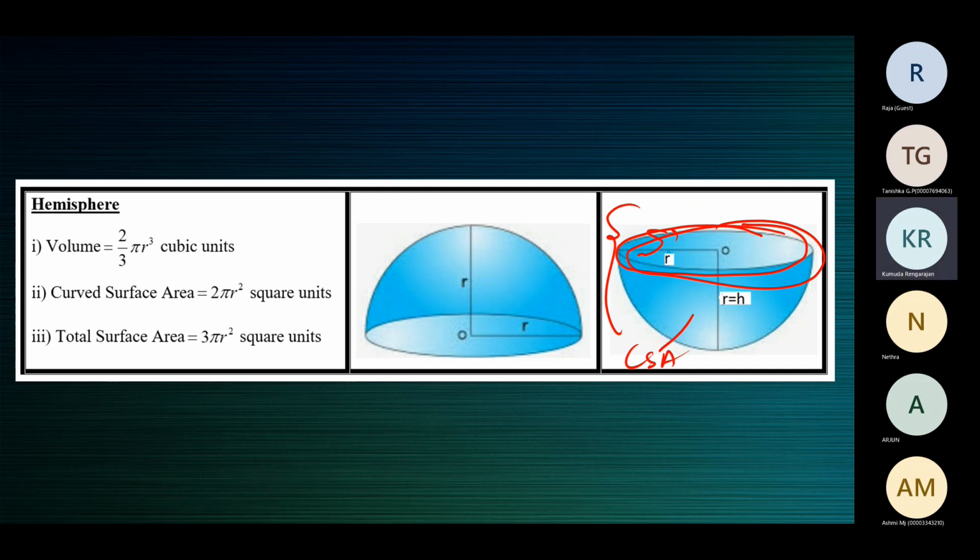A hemisphere is, if you take a cork ball and cut it into 2 equal halves, each half is a hemisphere. A cork ball is an example of a solid sphere.